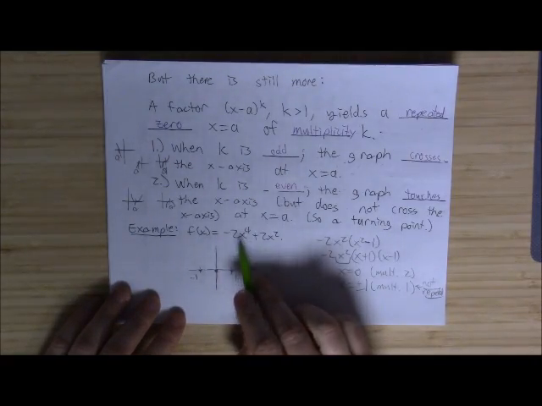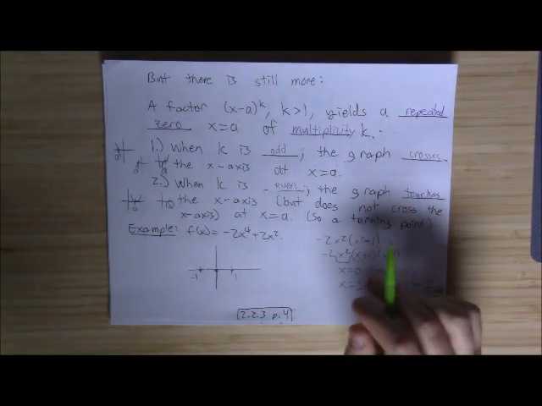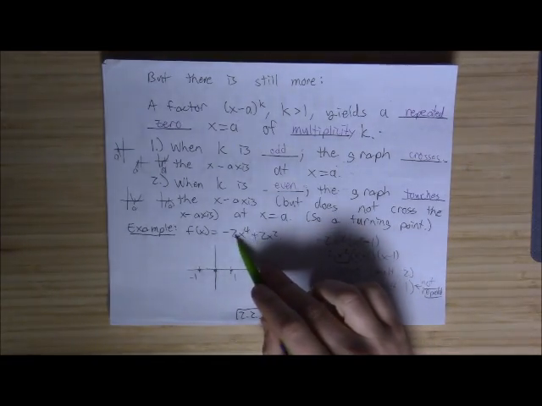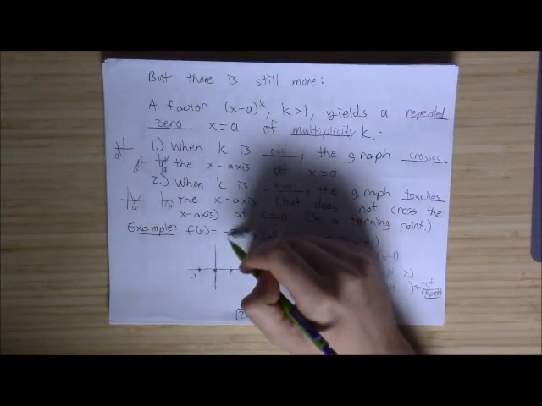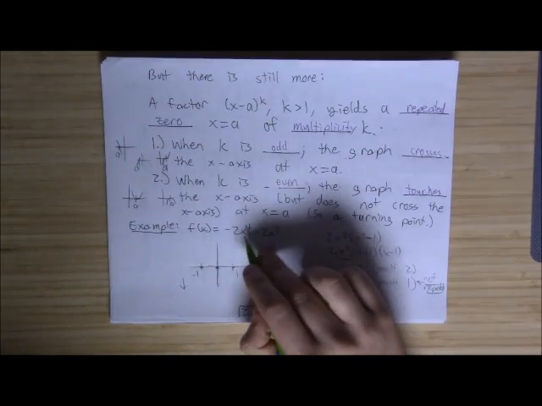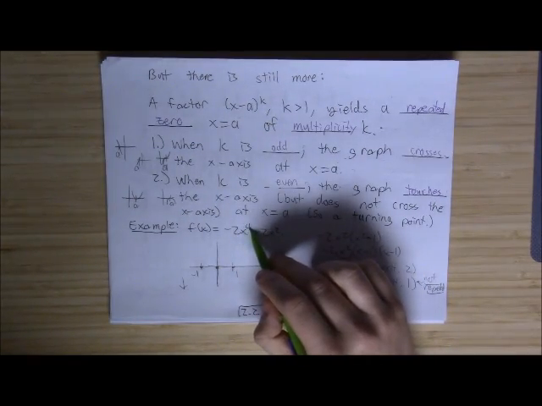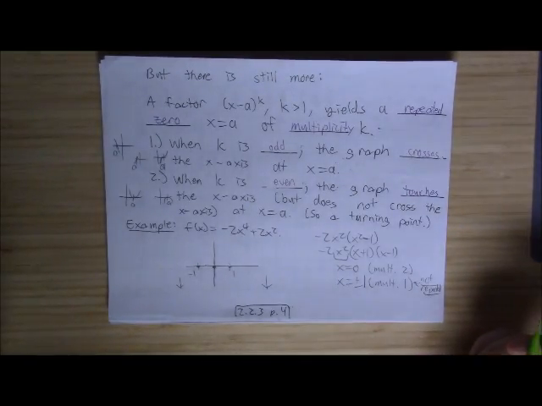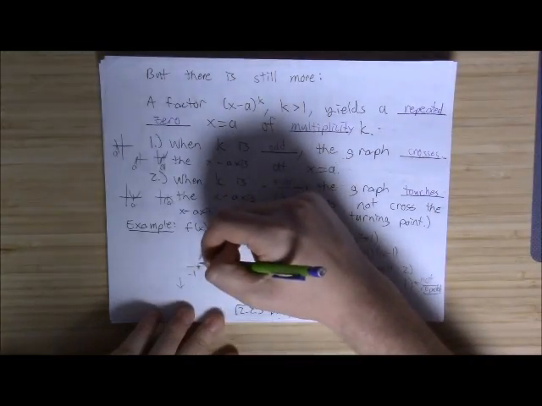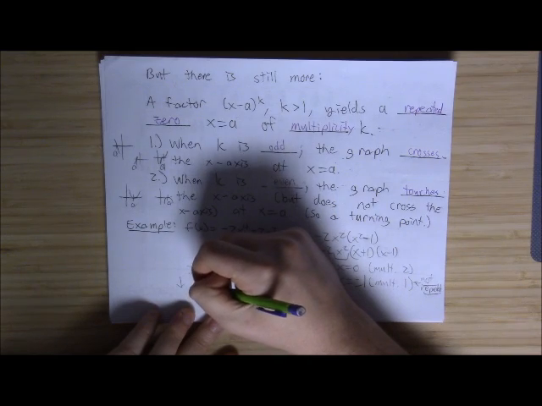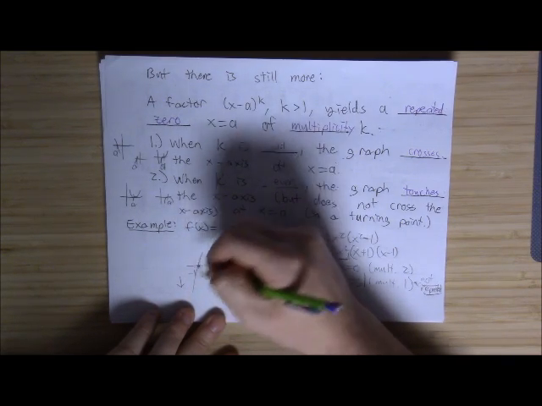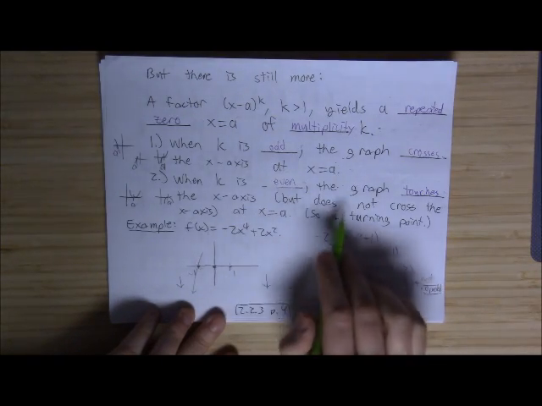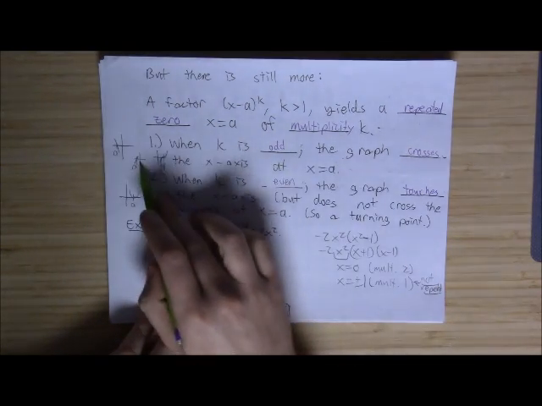However, we also know that because of end behavior, the leading coefficient is negative and it's an even degree, so it should be down and down. But using that, we then know that the graph would have to come up from here. It would have to go through here because of this, right?